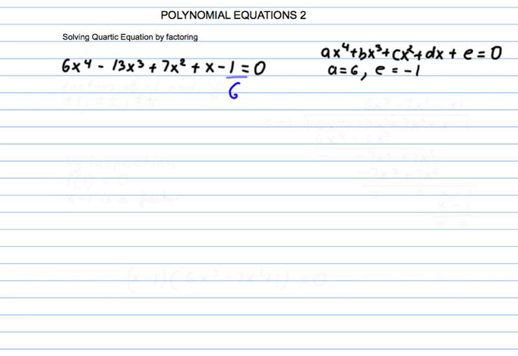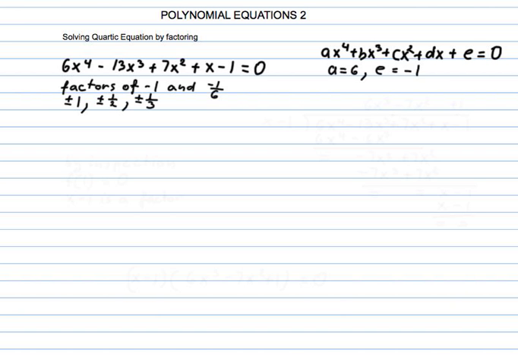So this is why that step would imply that the factors you're looking for are factors of -1/6. So we have factors of -1 to consider, and also factors of -1/6.